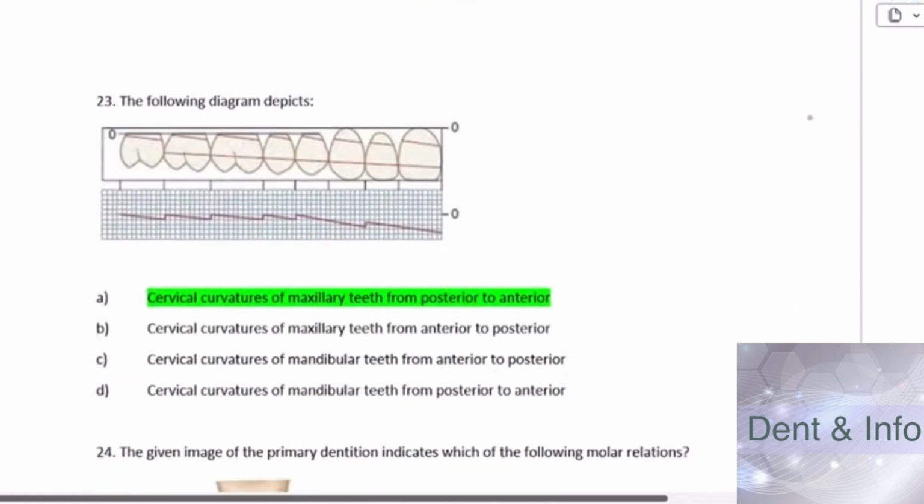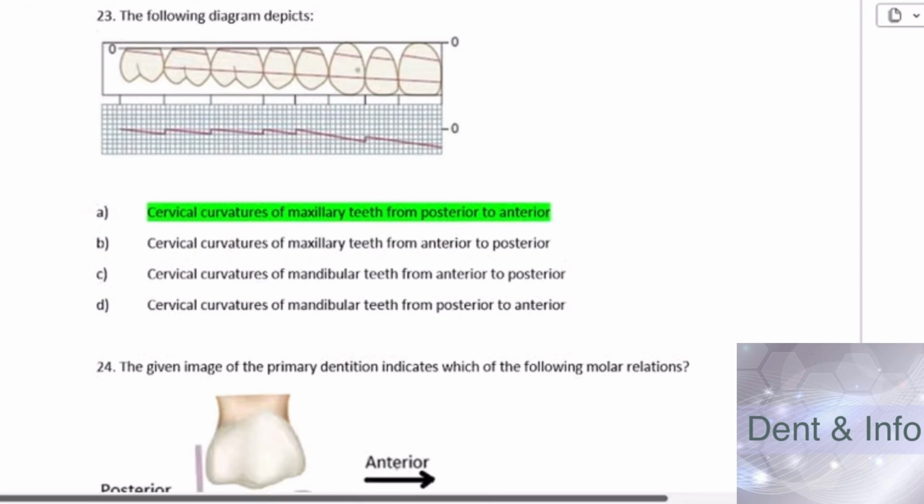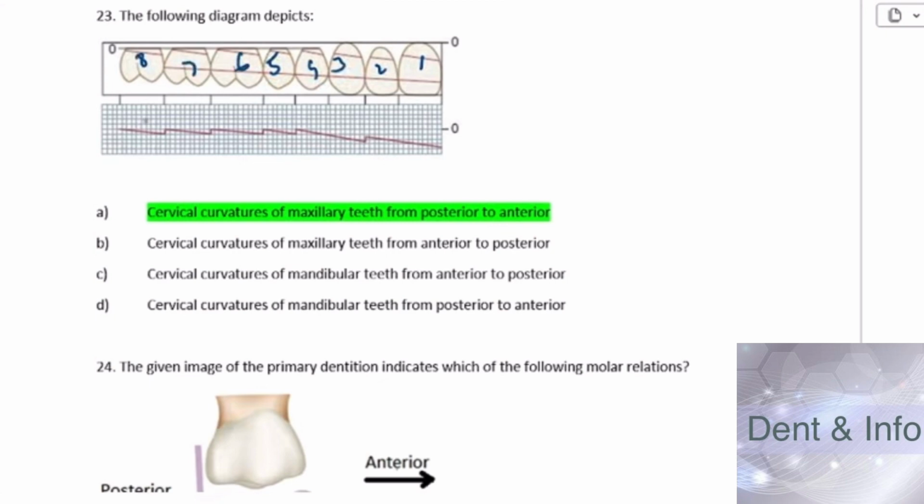Next is: the following diagram depicts. So they have shown the permanent teeth here: 1, 2, 3, 4, 5, 6, 7, 8. And when we are moving from posterior to anterior, this is slanting towards the incisal direction. This is the cervical third, middle third, incisal third.